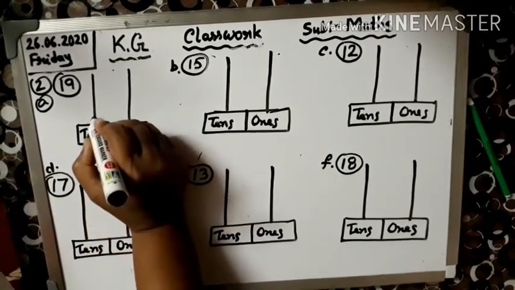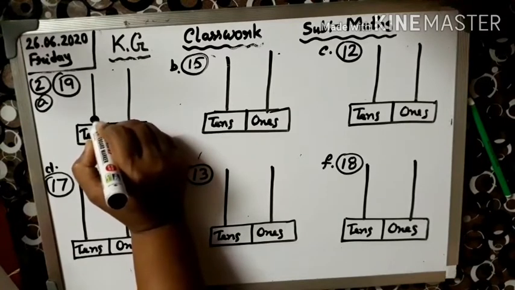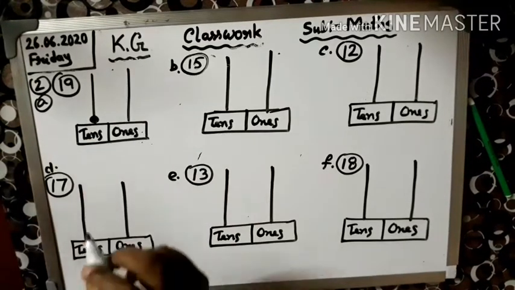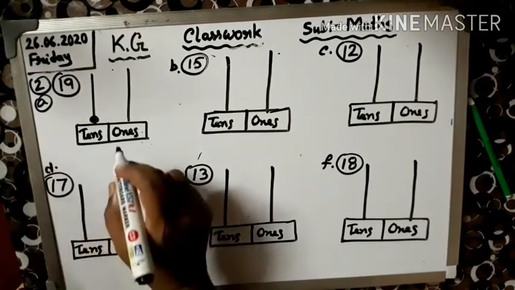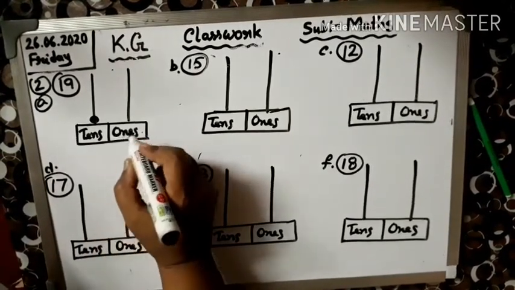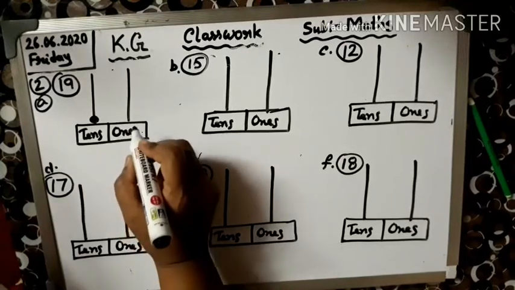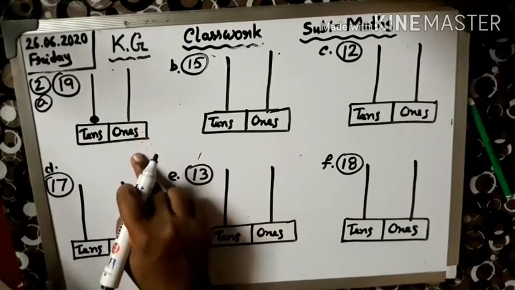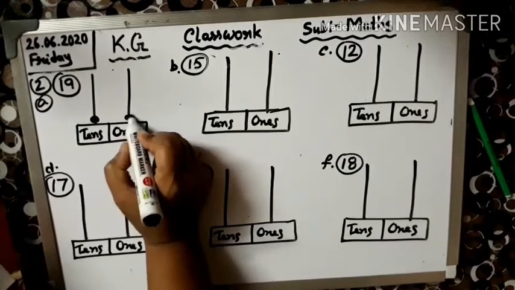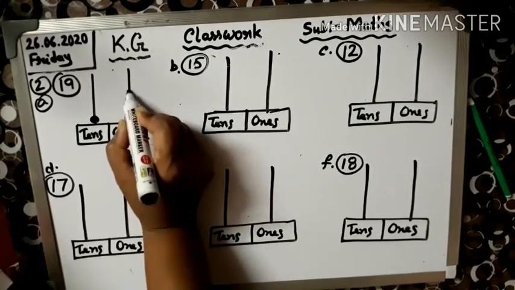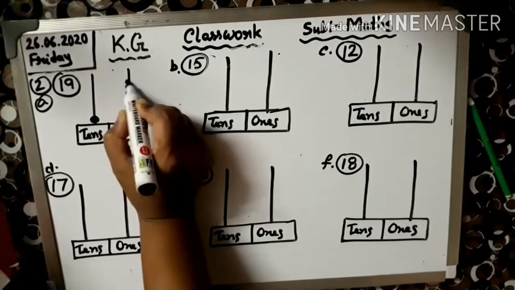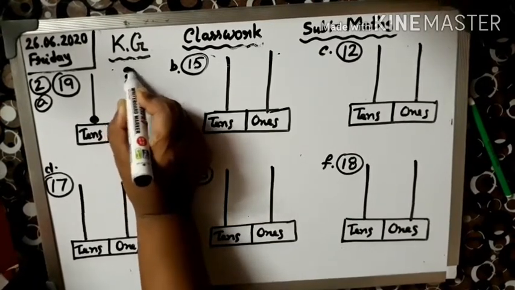So I draw 1 bead on the tens spike and 9 beads on the 1 spike. 1 2 3 4 5 6 7 8 9.